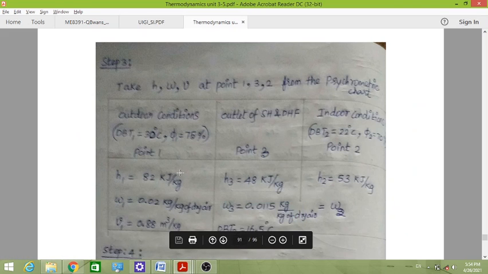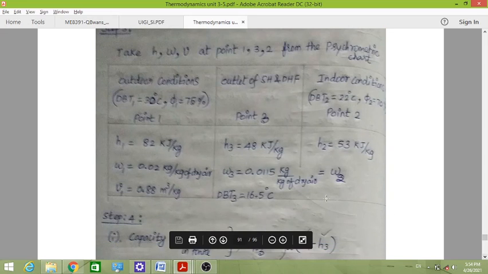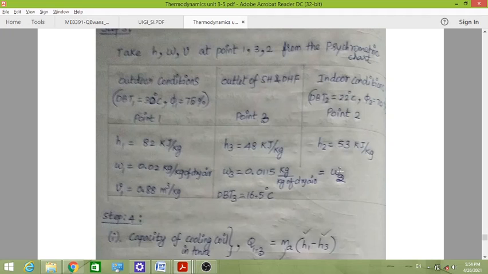So from that point, H1 is 82 kJ per kg, W1 is 0.02 kg per kg of dry air, V1 is 0.88 meter cube per kg. In the same manner, for point number 3 we get H3, W3 and v3. Then for point number 2 we get H2. As W3 equals W2, we don't need to find W2 here.